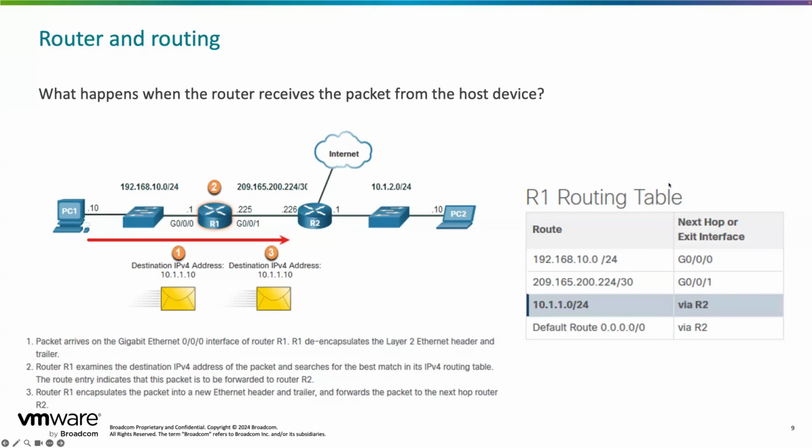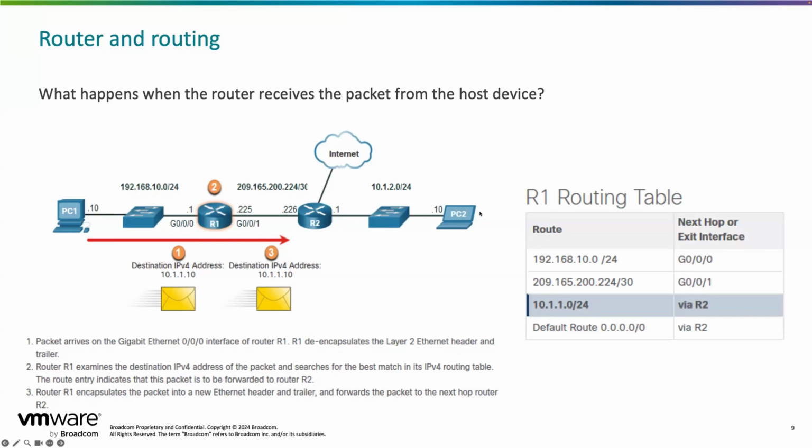Using this table, it finds that R2 is its next hop. So R1 sends this packet to R2 via the next hop address ending in 226. R2 likewise does the same operation, checking its own routing table and trying to find the best path for the destination.